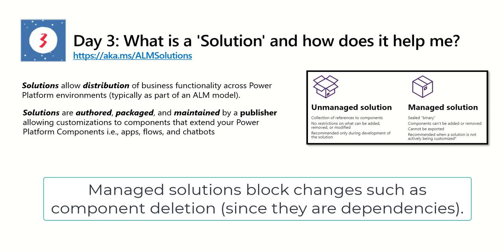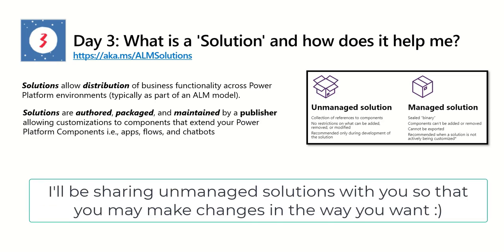There's much more to say about this, but for the sake of a beginner user with solutions, if you remember, unmanaged means any type of changes, schema, components, etc. can be changed, whereas managed is more likely to be used in test and prod because you don't want to change the critical components that would break the solution. Okay, so keep that vocabulary in mind.